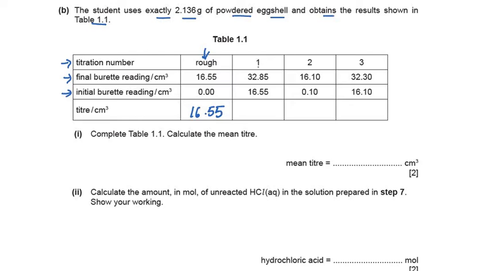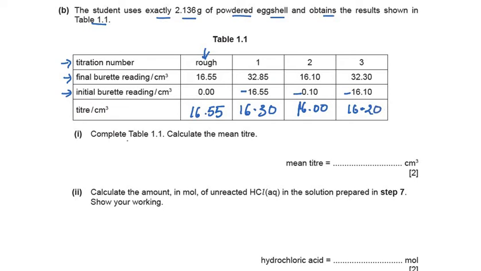The first accurate reading is 32.85 and 16.55. Now we need to find the difference of this to get the titer. So the difference is 16.30. Next, subtracting the second reading, we get exactly 16.00. And for the third reading, the difference is 16.20.